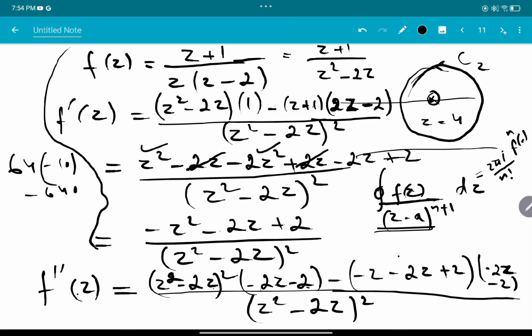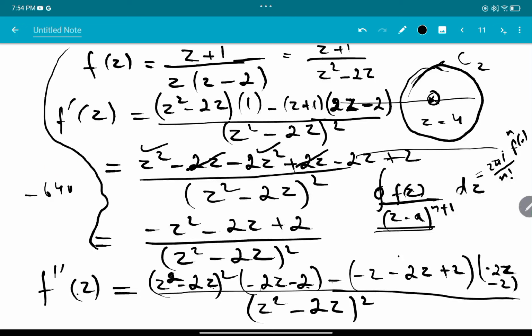Now let us go to this. Minus 4, minus 8, that means minus 12, plus 2, that is minus 10. So minus 10 into this, we already have 640, and now counting.